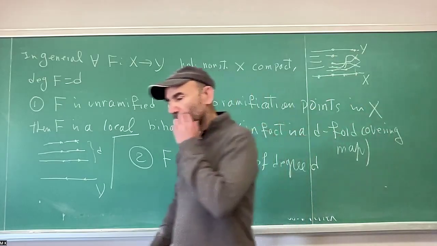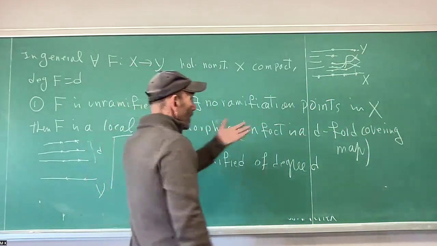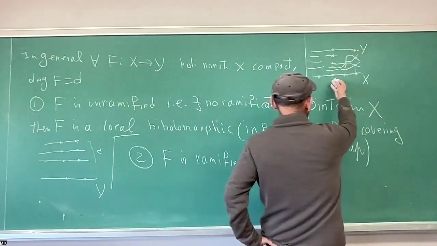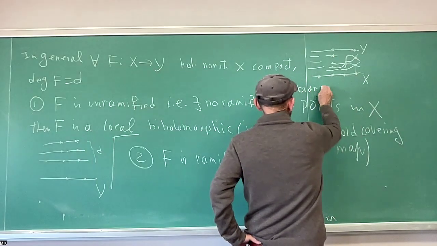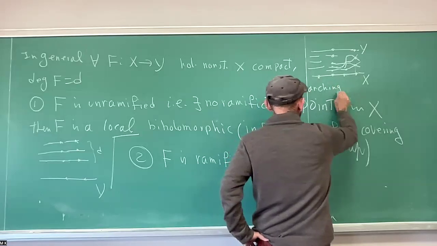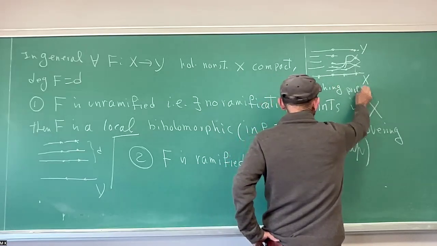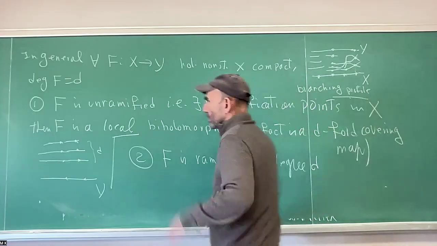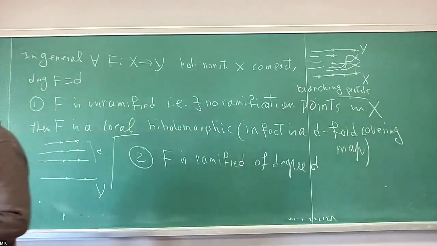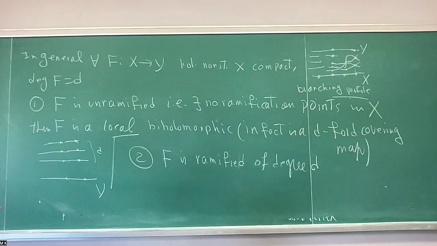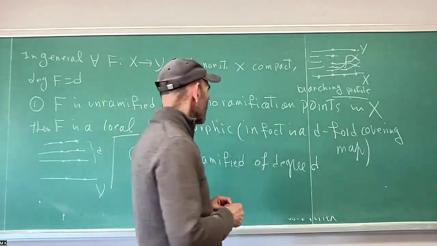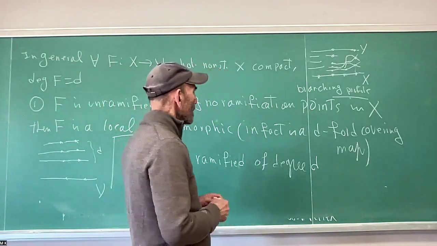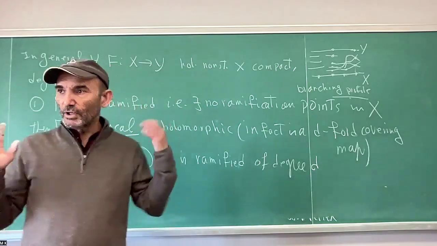So it's much more interesting, and this is called, I don't know, the branching profile of the function. In a way, now topologically, we understand these holomorphic maps between compact Riemann surfaces. They are either ramified covering maps or unramified covering maps. Okay. So that picture is not very good, but we had pictures before.